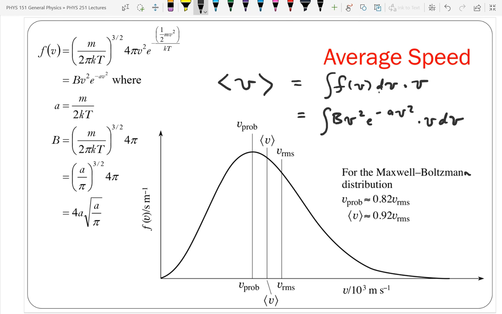I just changed the order of the last two because I like to have dv last. But of course, v squared times v is v cubed. So that's equal to b integral from 0 to infinity of v cubed e to the minus a v squared dv.